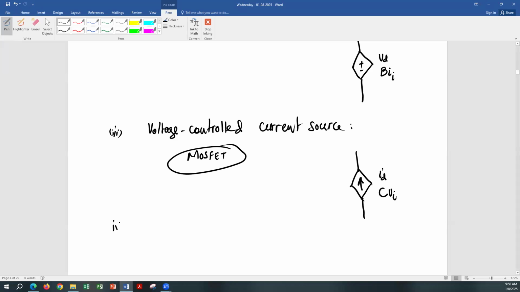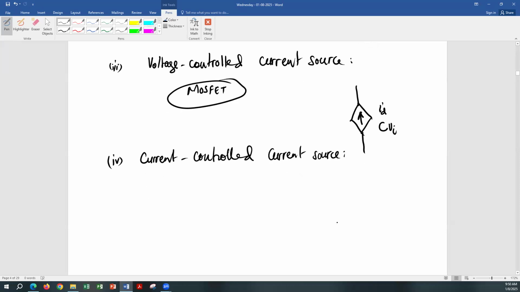And finally, the last one is the current controlled current source. Basically your bipolar junction transistor is an example of a current controlled current source, where the current at the base of the transistor, the BJT, controls the flow of current from collector to emitter.